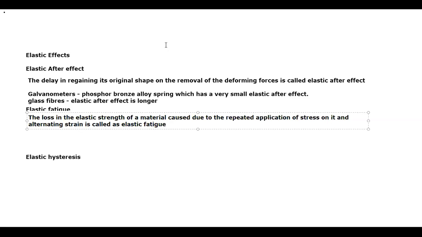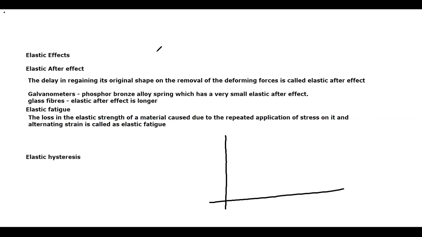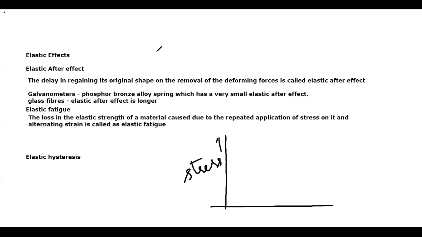Now, what is elastic hysteresis? I think I mentioned about this when we did the stress strain graph. When we did the stress strain graph, I am going to take stress along the y-axis and strain along the x-axis.